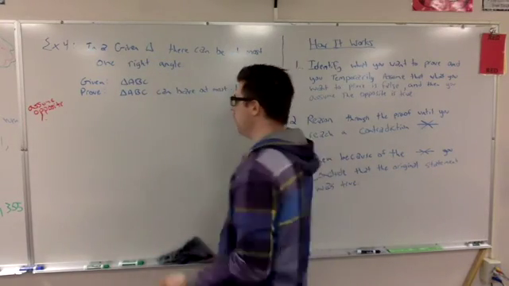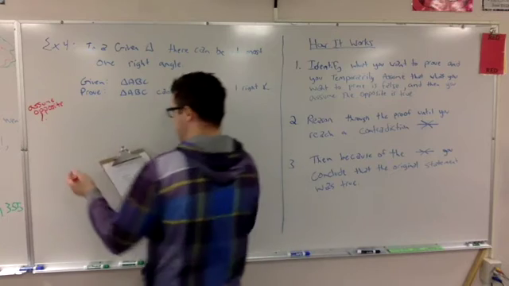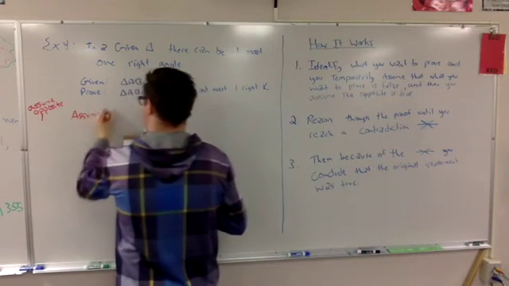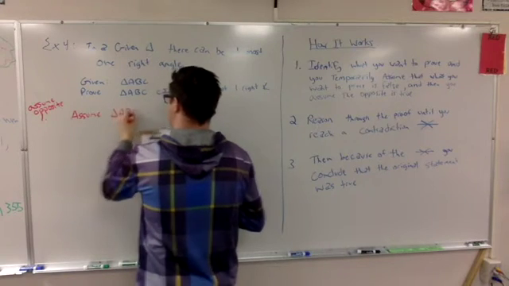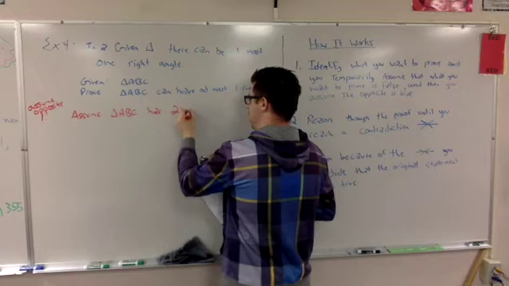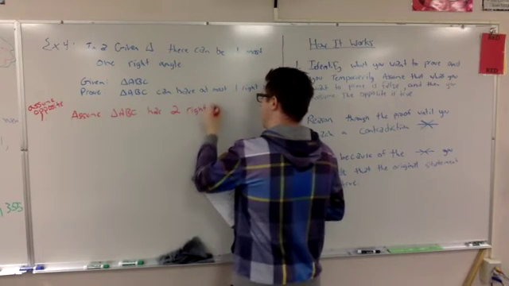Assume the opposite. Okay. Well, we're going to say, all right, assume triangle ABC has 2 right angles.